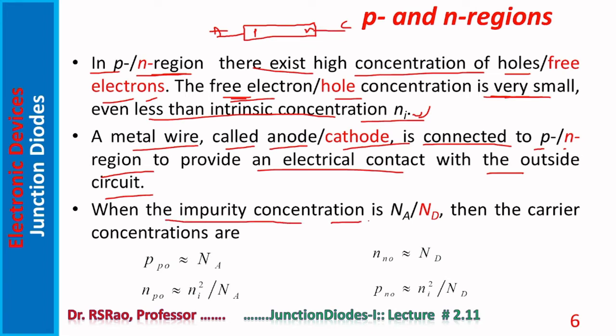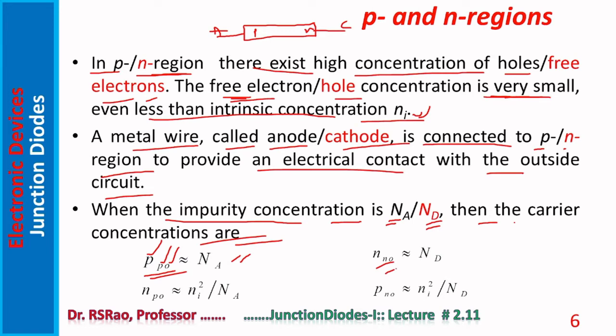Suppose the impurity concentration is Na and Nd. Na refers to impurity concentration on the P side, Nd refers to impurity concentration on the N side. Then the carrier concentrations are as follows. Pp0 means hole concentration on the P side under thermal equilibrium condition. It is equal to Na.